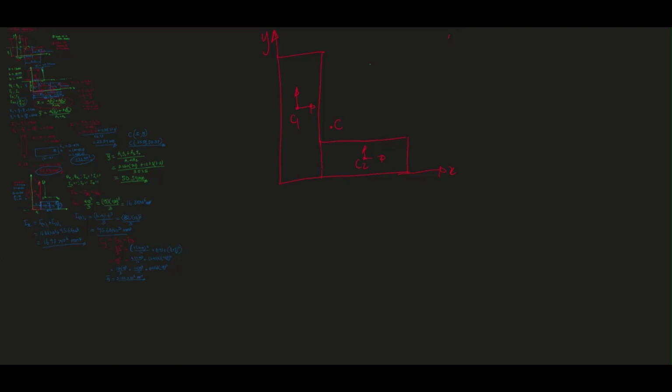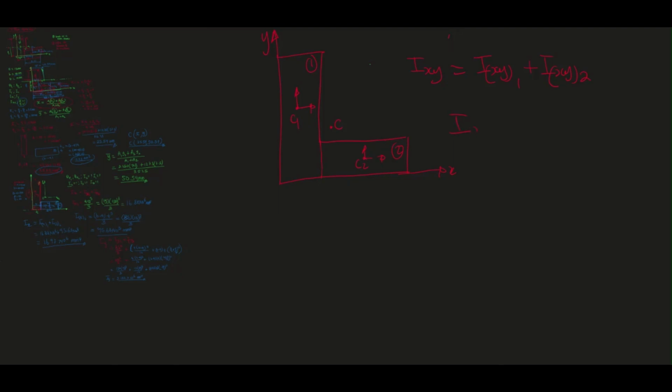So let's go ahead and find Ixy. Ixy for the whole shape will be equal to Ixy for shape 1 plus Ixy for shape 2. Okay. And the sum of those product moment of inertia will then give us the resultant moment of inertia.